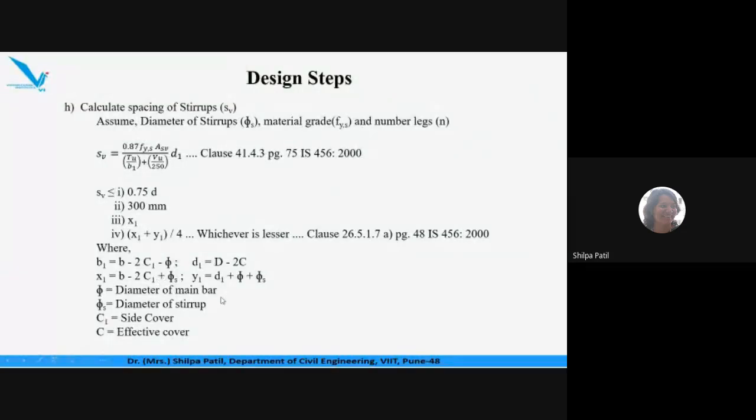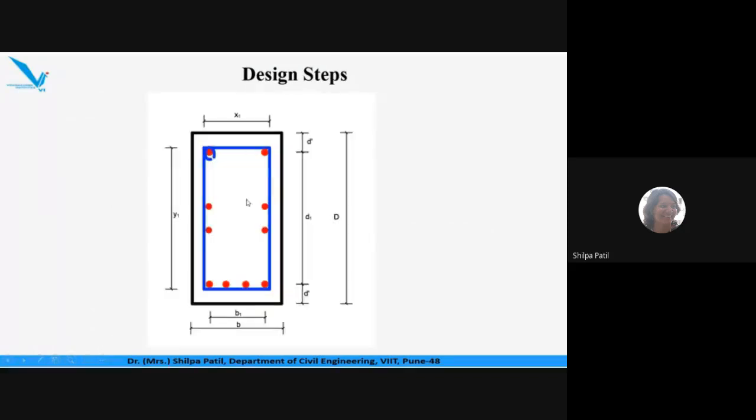Similarly, y1 is again the center to center distance between the top and bottom stirrup. So this is the total depth, capital D, minus 2 times D dash, where D dash is considered at the center of the longitudinal reinforcement.